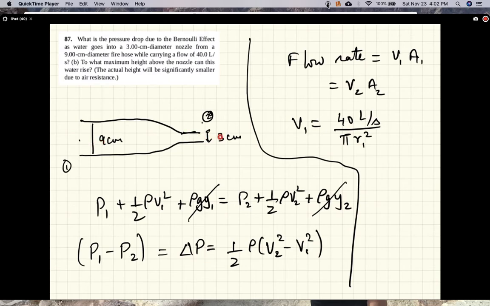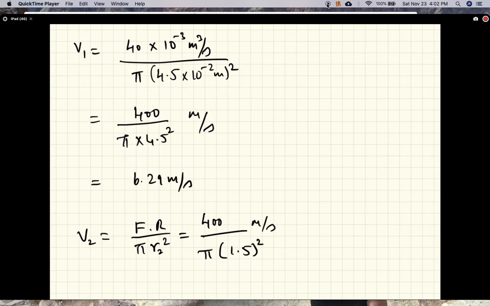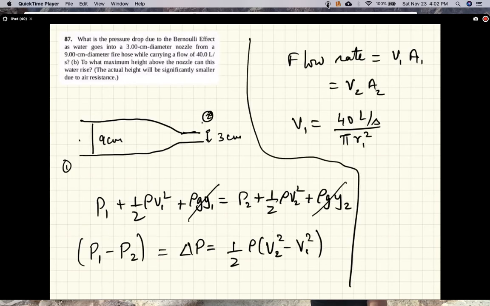Similarly, for the velocity at this location, the flow rate is the same. Whatever water is flowing in here is flowing out. So V2 is the flow rate divided by pi r2 squared. I'm skipping steps here, but anyway, it's 400. The only thing that changes is the radius, which is now 1.5 centimeters squared. All I did was change the radius from 4.5 centimeters to 1.5 centimeters.